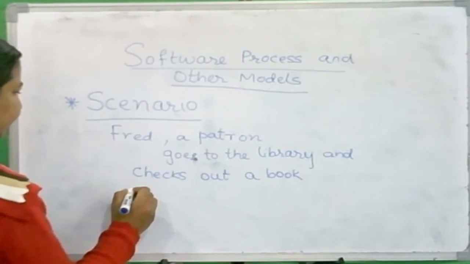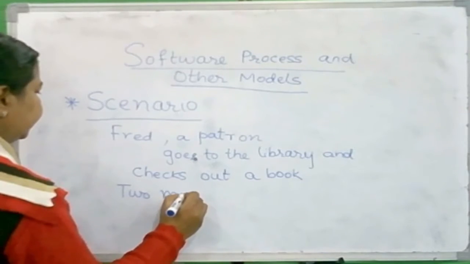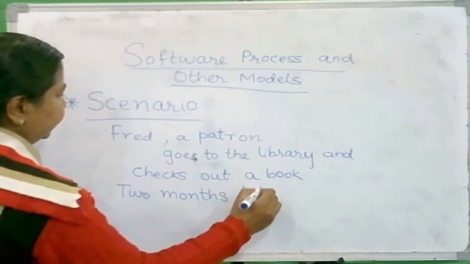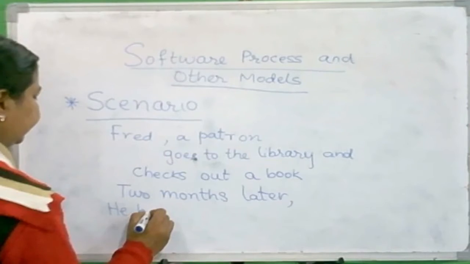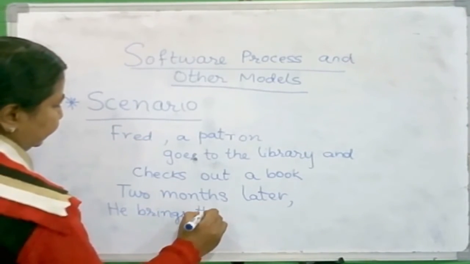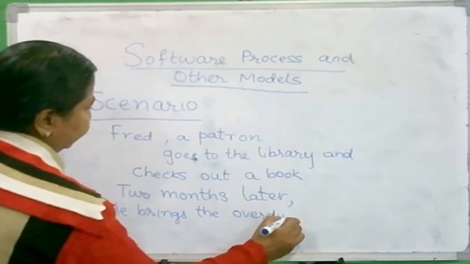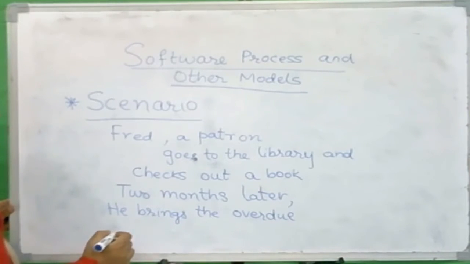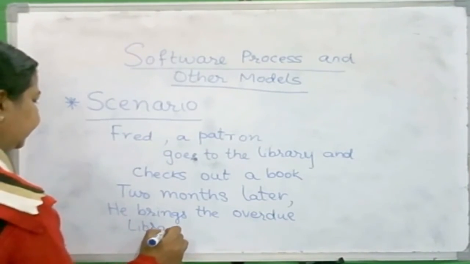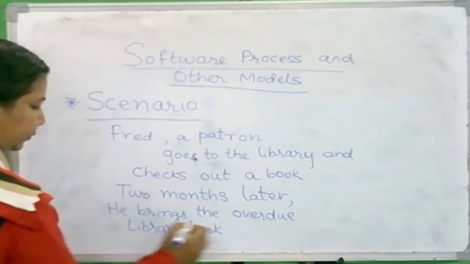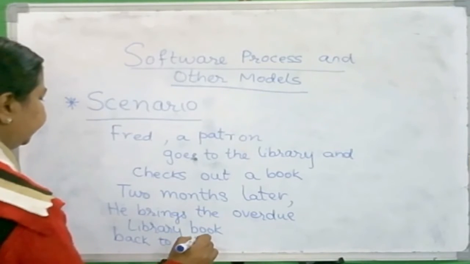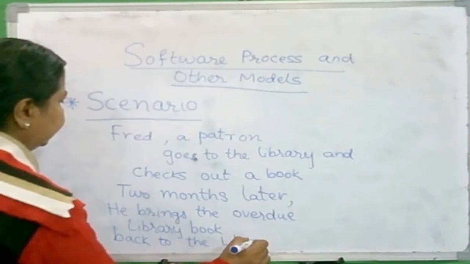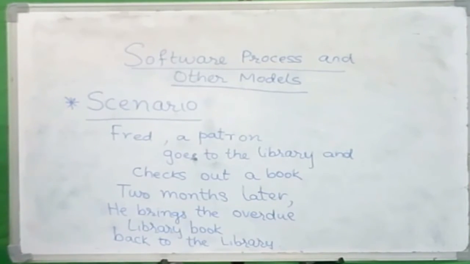Two months later, he brings the overdue library book back to the library. So this is one example of a scenario.